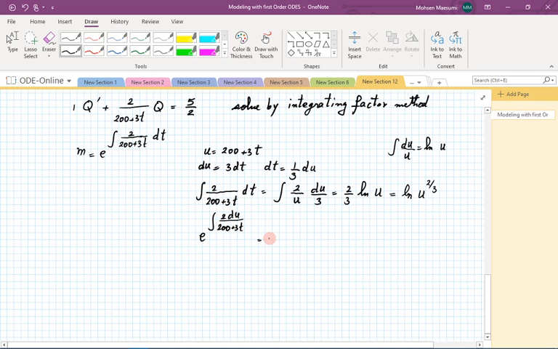So it's going to be exponential of logarithm of u to power of 2/3, and exponential of logarithm, you remember that from pre-calculus, is the input, and then we go to back substitution. So now I have my integrating factor after all of this work.